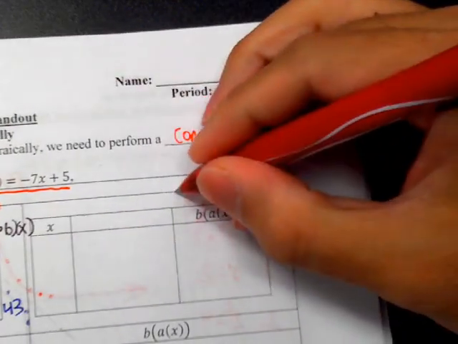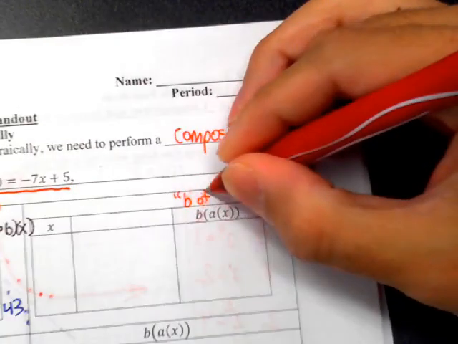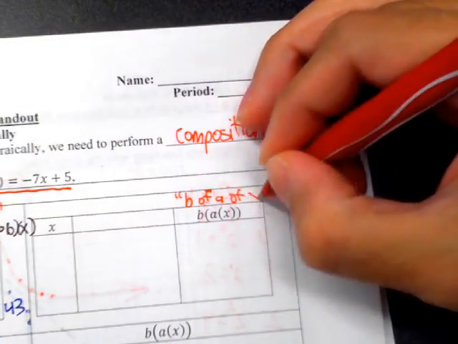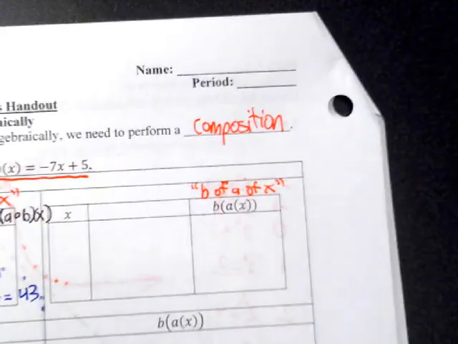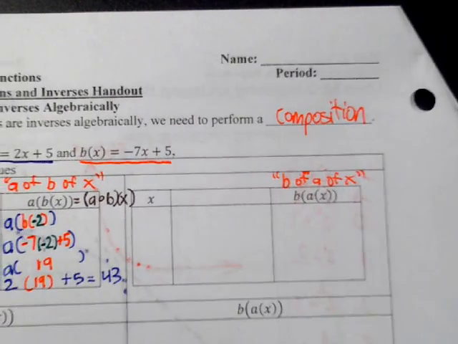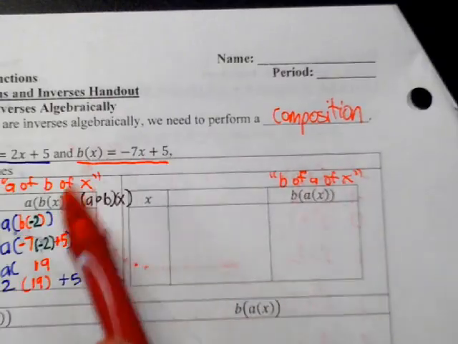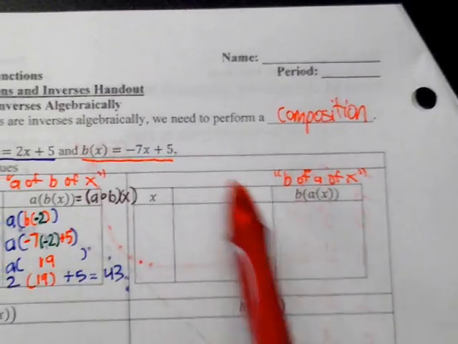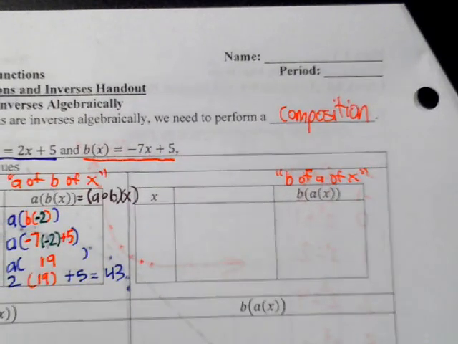It's the same two functions as before, but does the order matter? We know in math sometimes the order matters, sometimes it doesn't. When you add, addition is commutative: 5 plus 8 and 8 plus 5 are both 13. But when you subtract, the order matters: 5 minus 8 is negative 3, 8 minus 5 is positive 3.